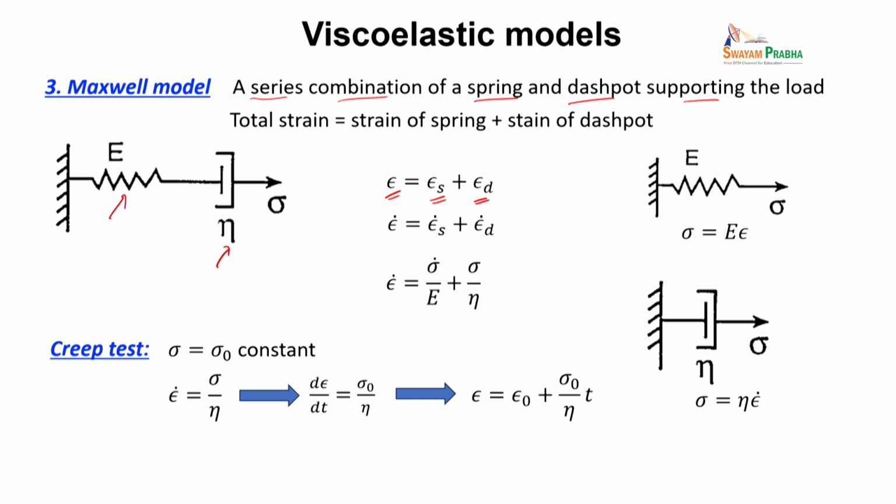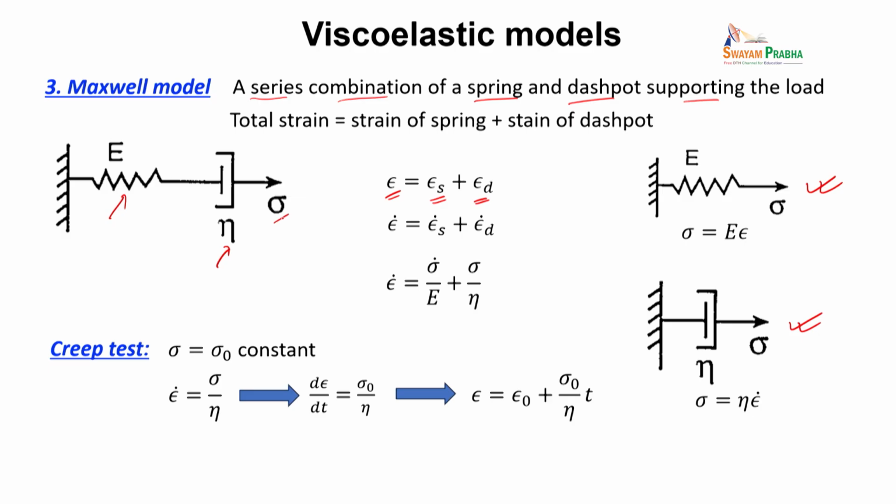This is the model for an ideal solid, and this is for an ideal viscous material. Now we have put them together in a series, so they combinedly support the applied load, and the strain is a sum of the strain from each part. Then we can take the time derivative of this expression.